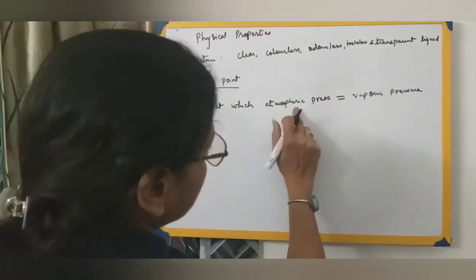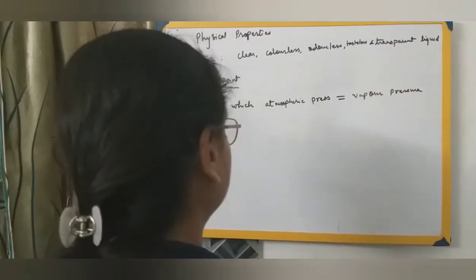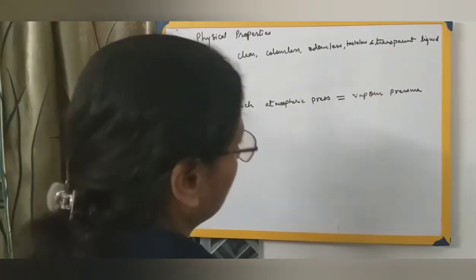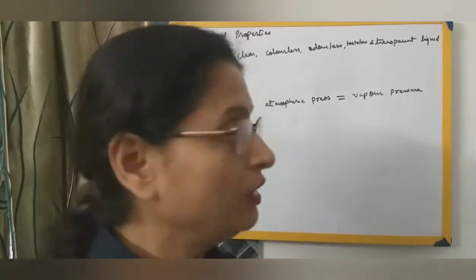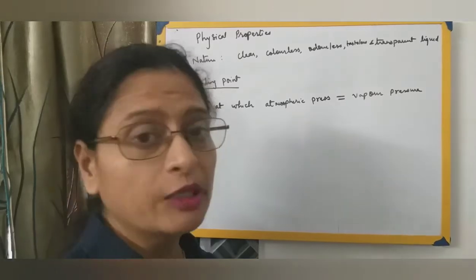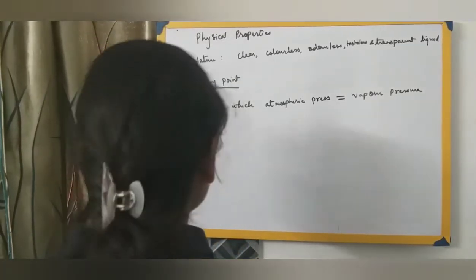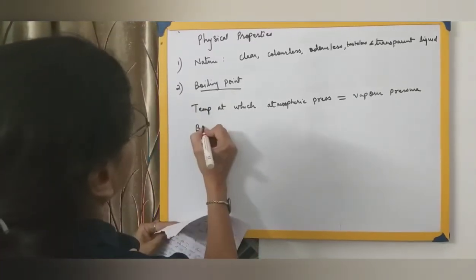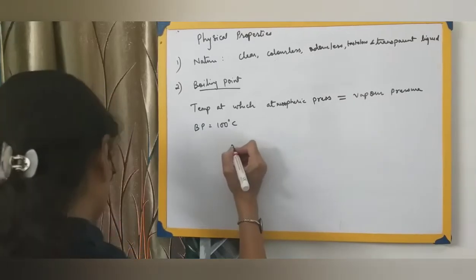I repeat once again, the temperature at which the pressure of the atmosphere becomes equal to the vapor pressure. When both become equal, we find that the liquid starts boiling. That temperature is called the boiling point of the liquid. This boiling point is 100 degrees Celsius for water.